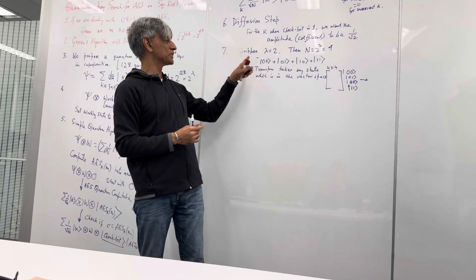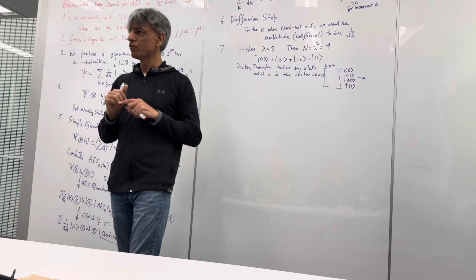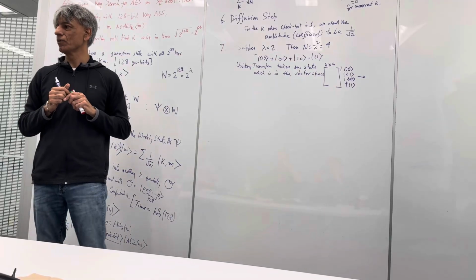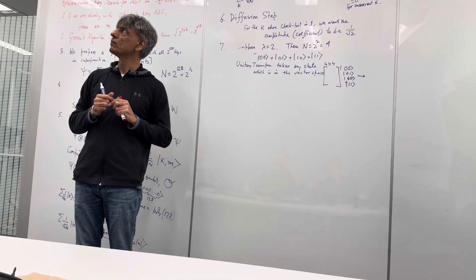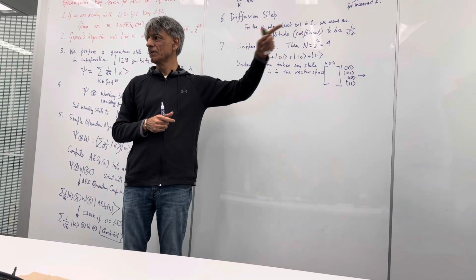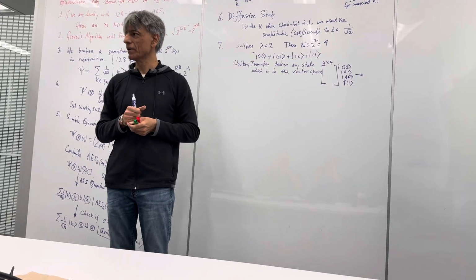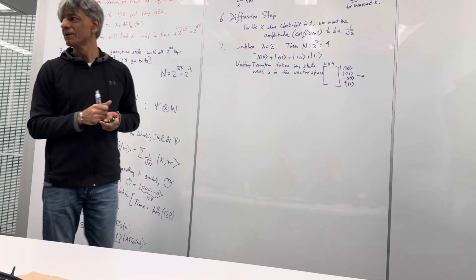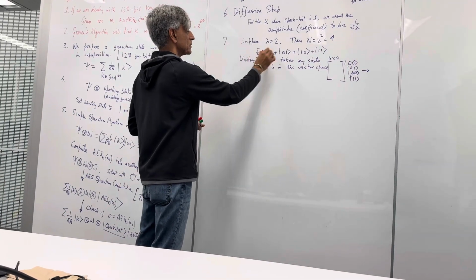Here the coefficients are all 1 by square root of 4, so all the coefficients are half here, right?